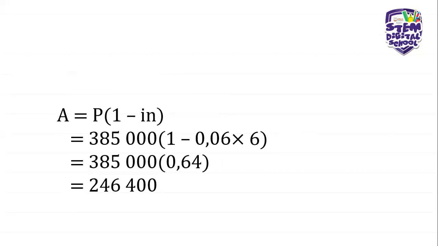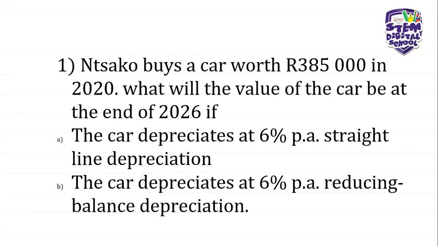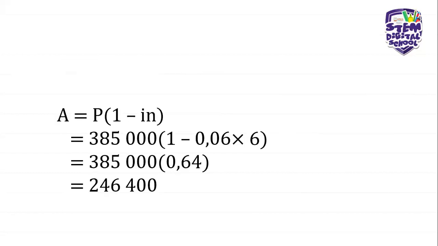Now, you can already tell that we have been given the interest of 6% on the straight line depreciation. And as you know, once you have got the interest of 6% per annum, this simply means you divide your 6 by 100. That is the interest. And then you multiply by 6, which is 6 years.